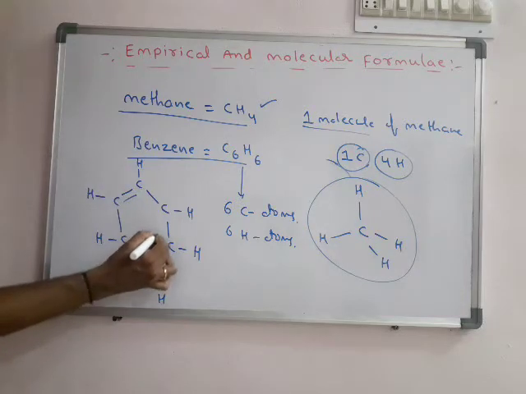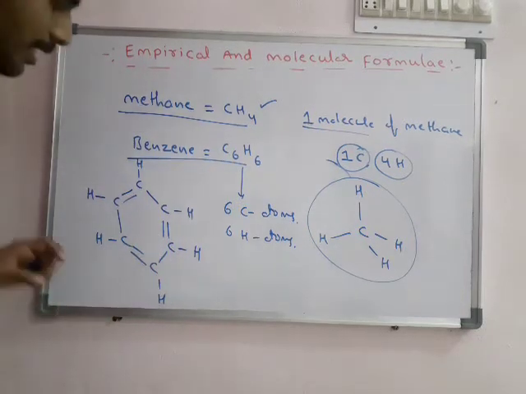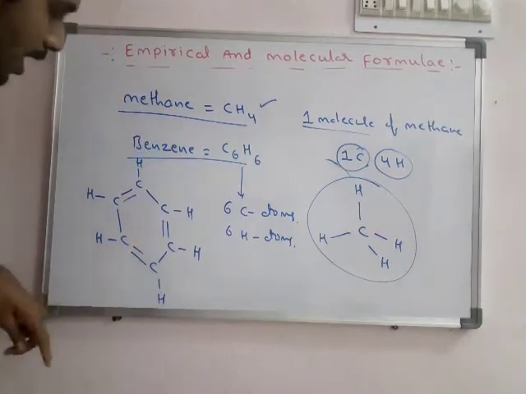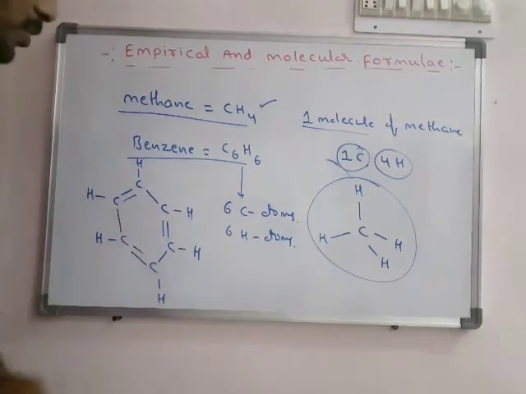So alternate double bonds, we discussed in the resonance structure of benzene. Makes 6 carbons, 6 hydrogens are present.